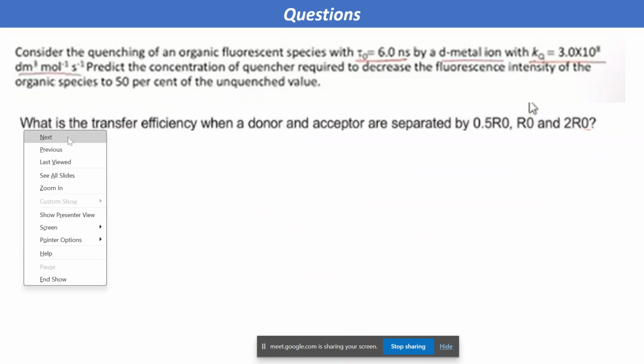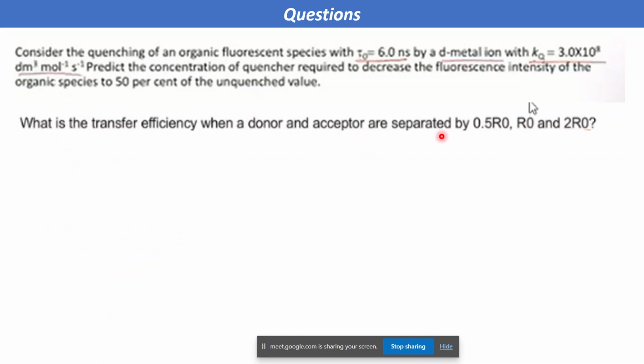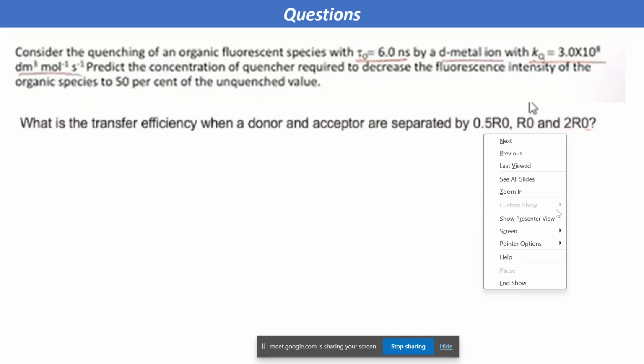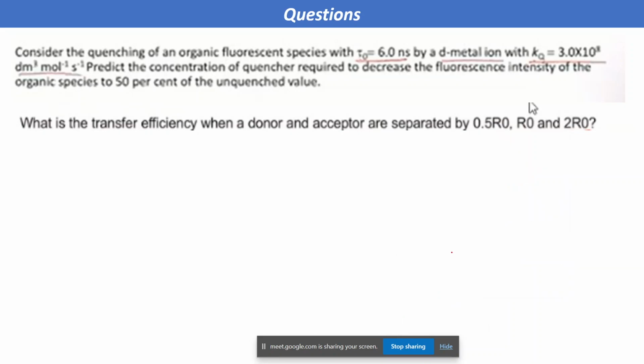What is the transfer efficiency when a donor and the receptor are separated by 0.5 R0, R0 and 2 R0? So just tell me for the first part, 0.5 R0. You have to calculate the transfer efficiency when the donor and the receptor are separated by 0.5 R0.